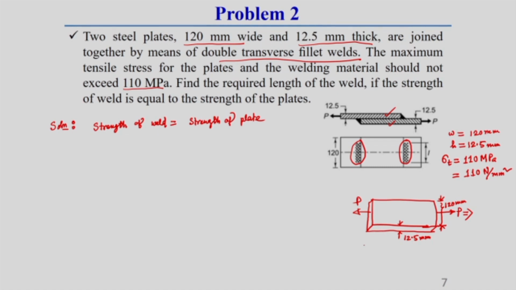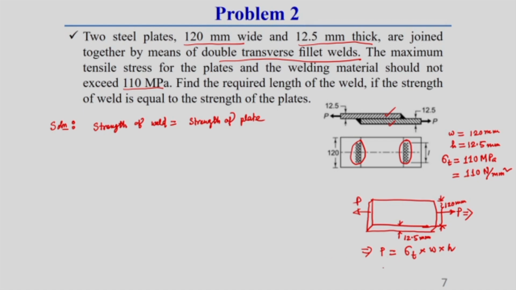So, for this plate the strength will be P equal to sigma T into width of the plate into thickness of the plate.